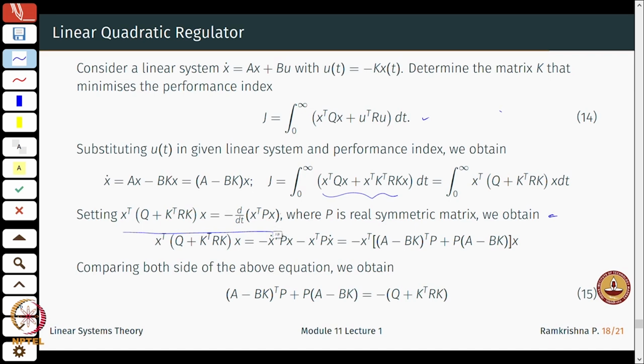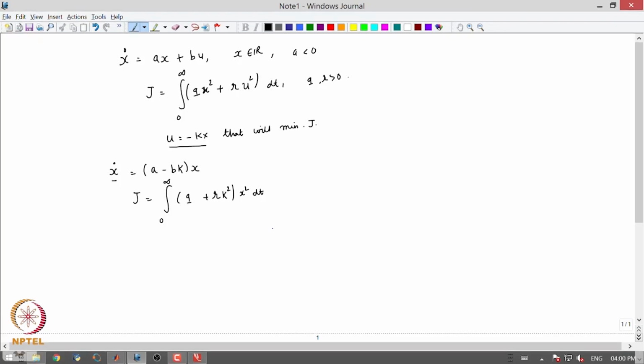So we will stick to this and then see what this means in our context. Okay. So once I do this, what does it mean? That q plus r k square x square is minus twice p x x dot. So this will be minus twice p, x dot is a minus bk, and the two x's will be x square.